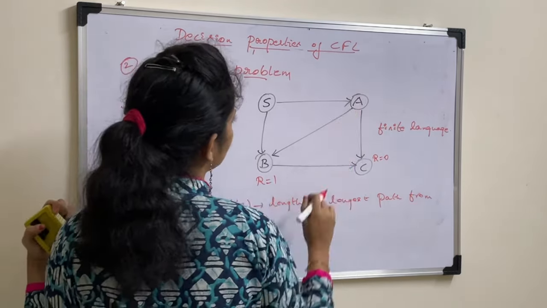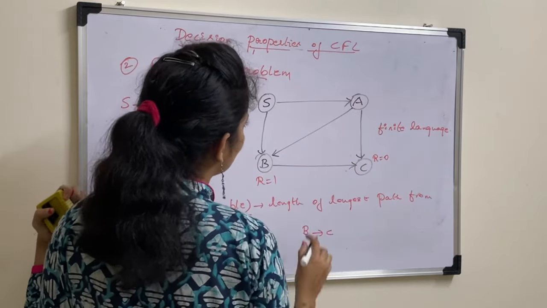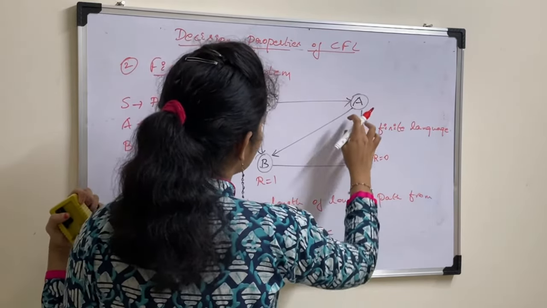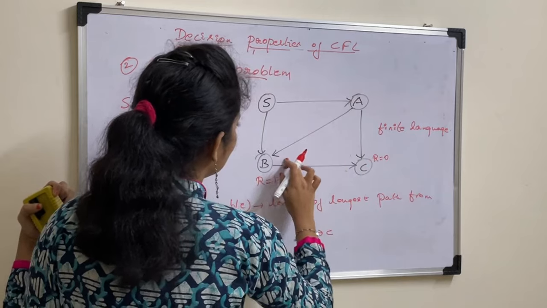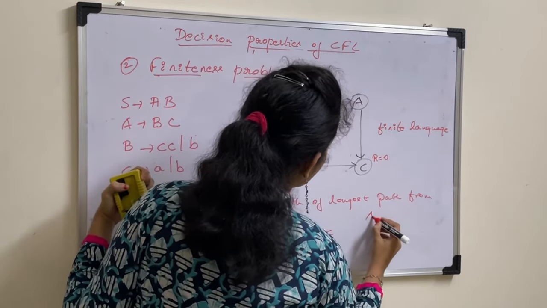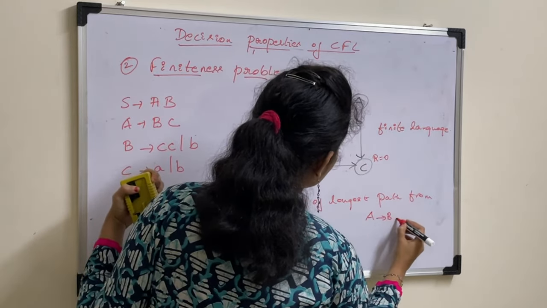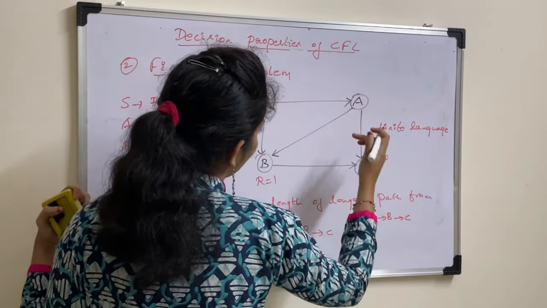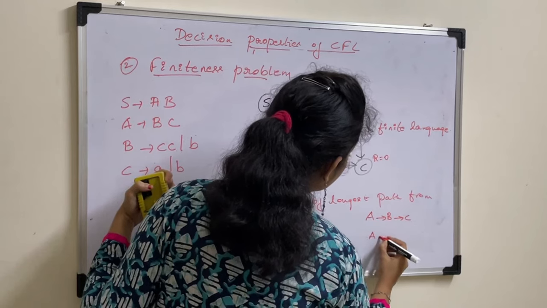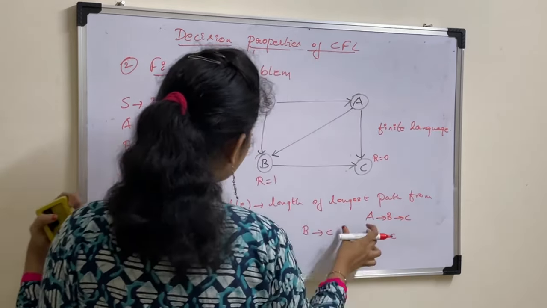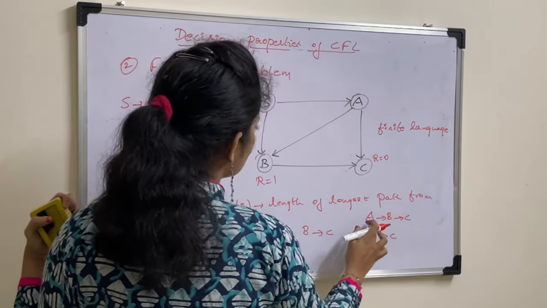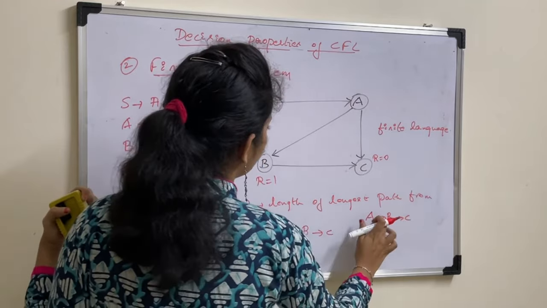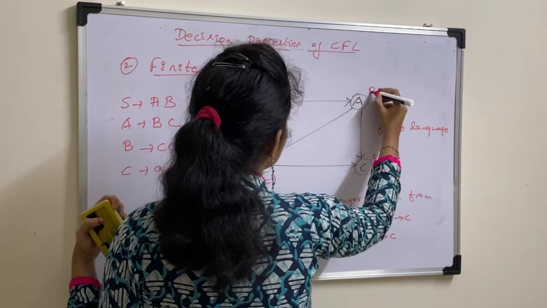Now move to A. Outgoing paths: one is A to B, B to C. The second path is directly from A to C. Here you must take the longest path. The longest path is 2, so the rank of A is 2.